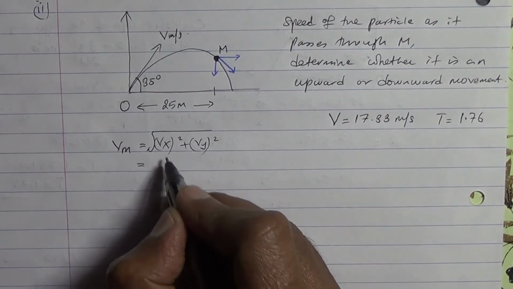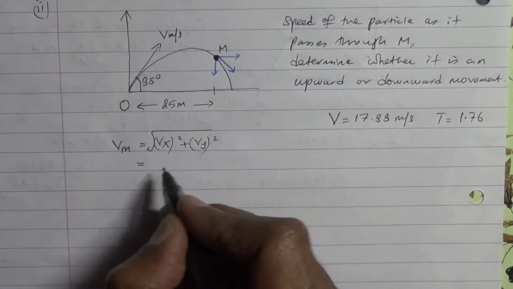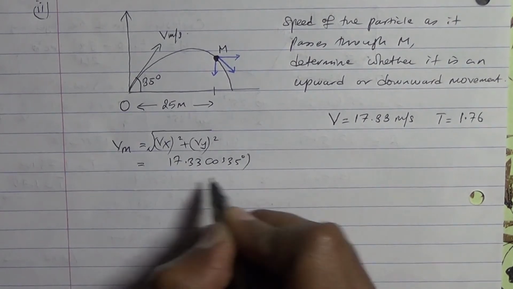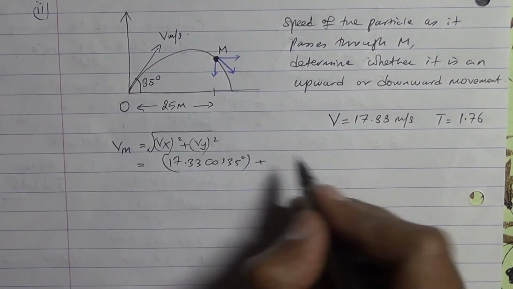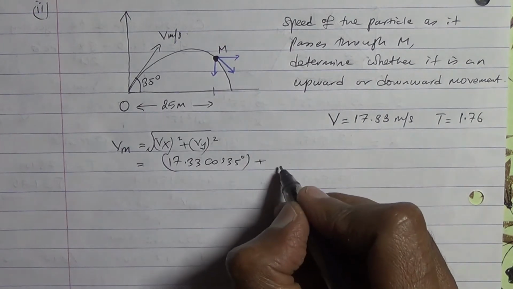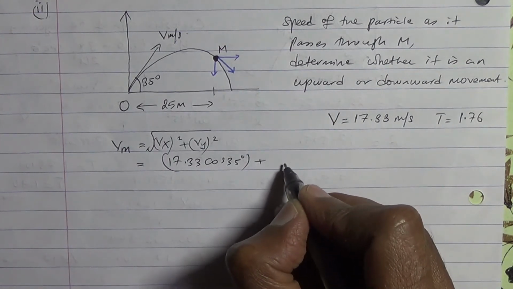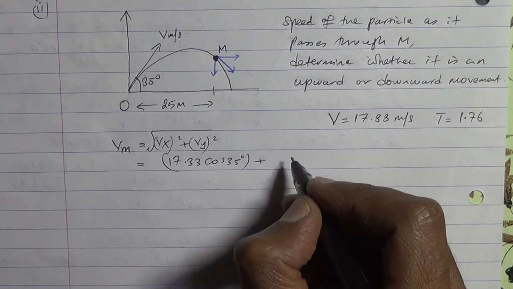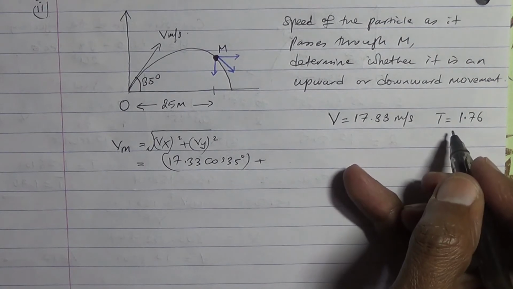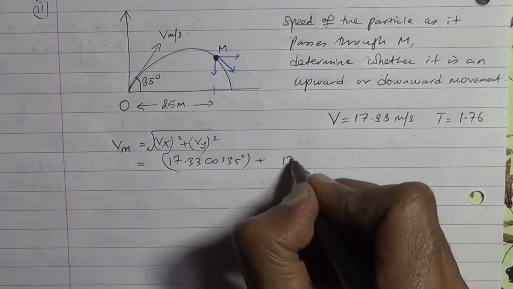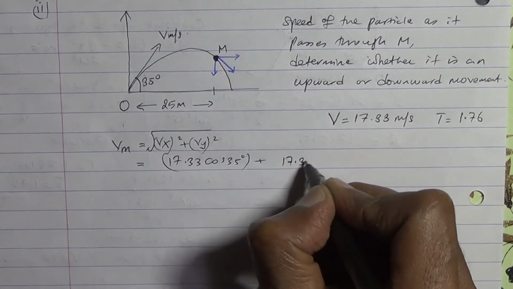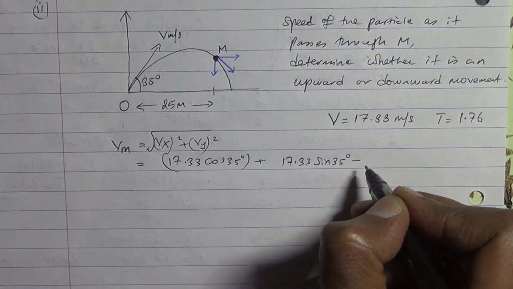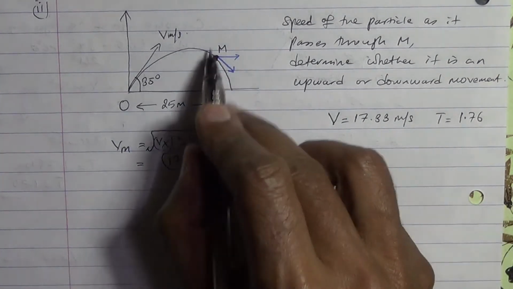Vx turns out to be 17.33 times cos of 35 degrees, and Vy, the vertical component of the speed, is going to be 17.33 times the sine of 35, minus the force of gravity, because this is the vertical component.